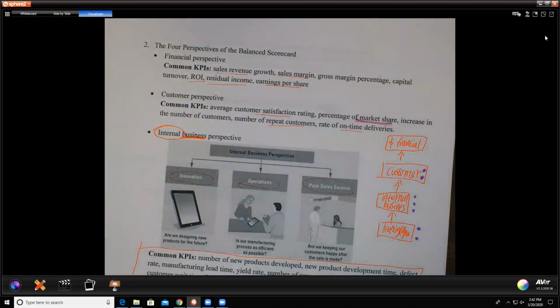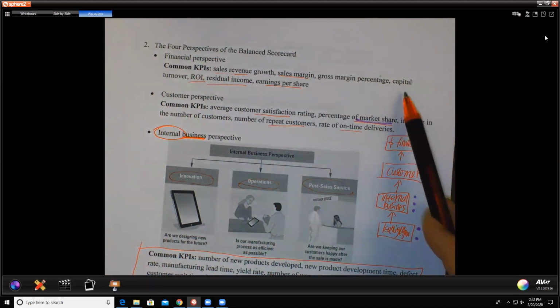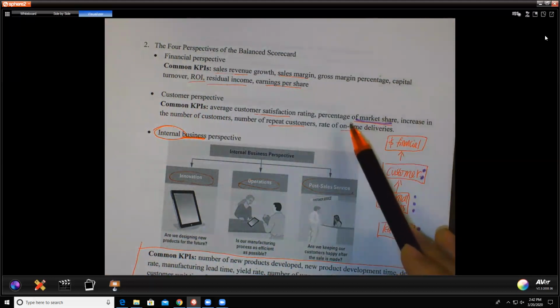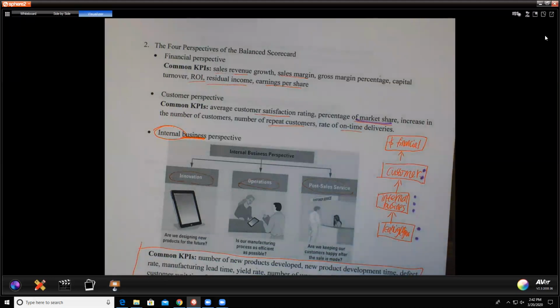And there is a tip I want to share with you. I'm not trying to let you cheat, but financial perspective, students most easily get it because it's your financial customer. Students also say, oh, it's okay, it's just customer and market share. Learning and growth, as I say, is employee and your information system.